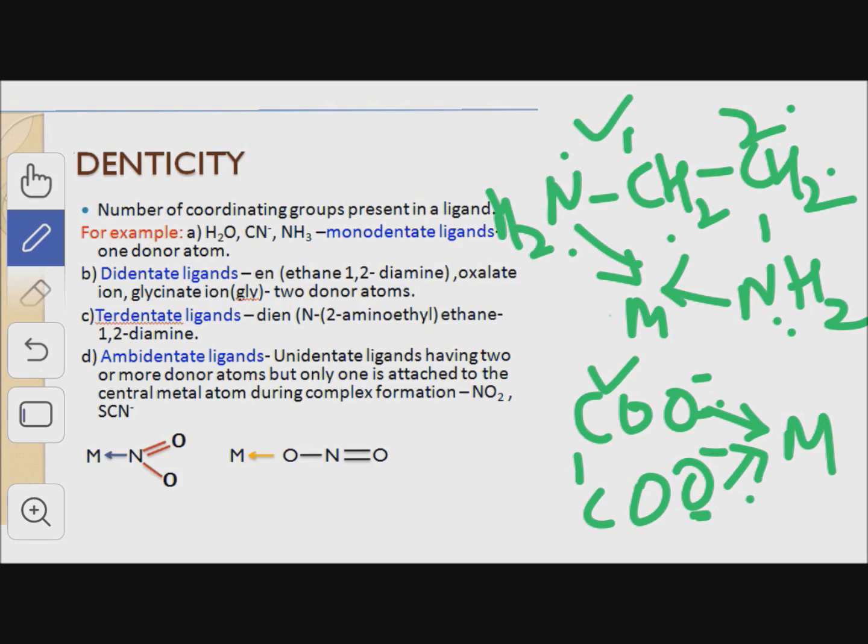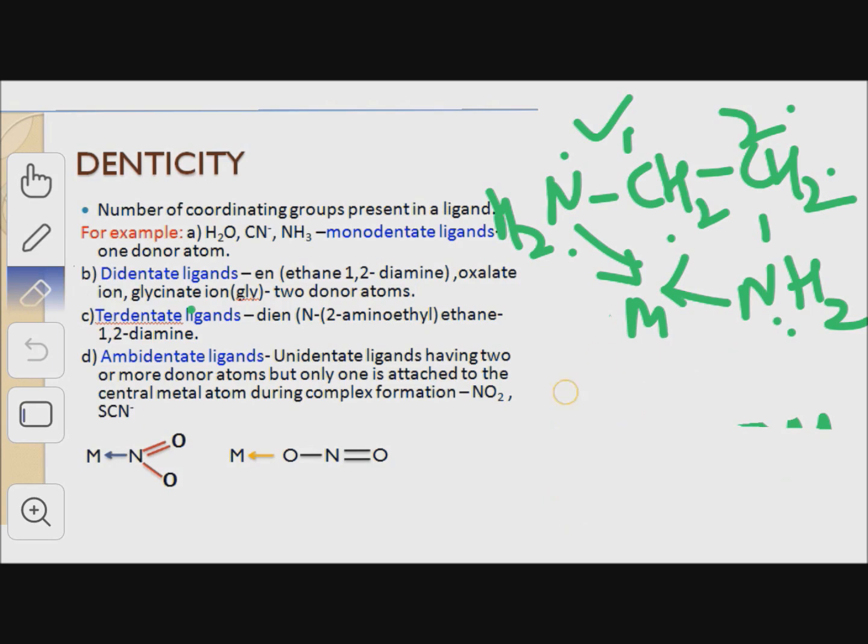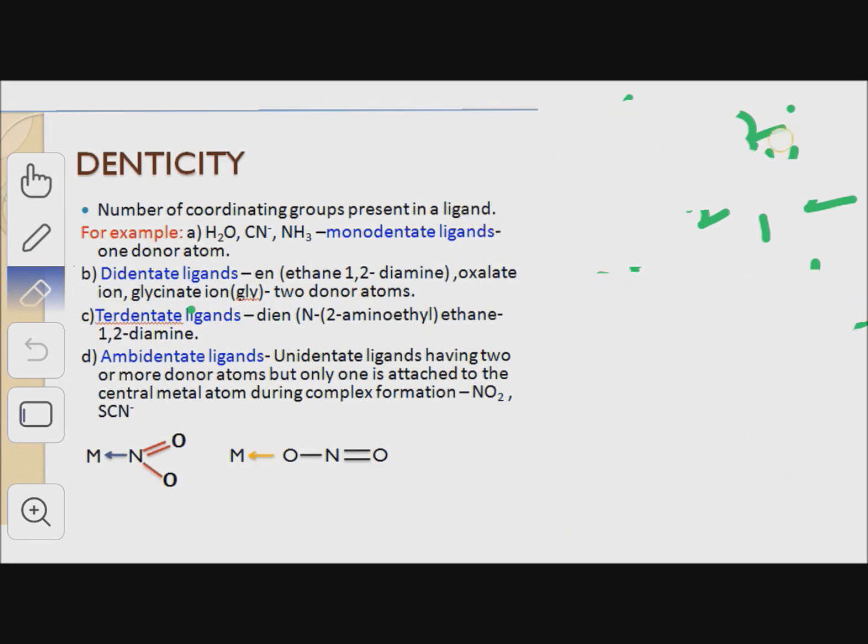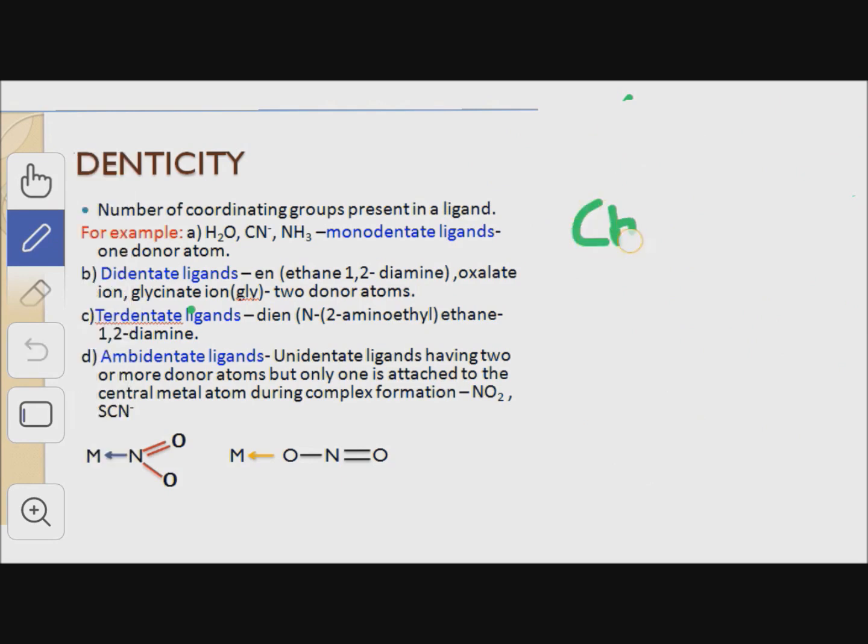And another example is the glycinate ion, abbreviated as gly, and its formula is NH2 CH2 COO negative.